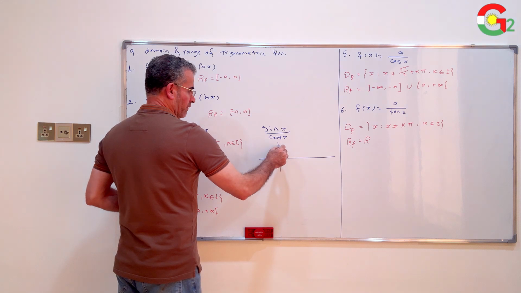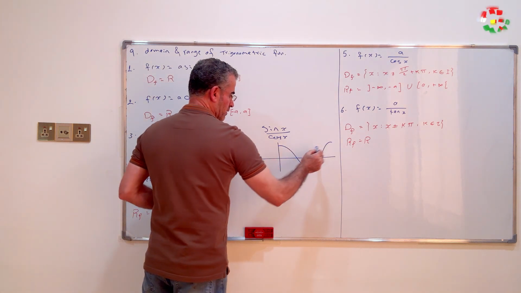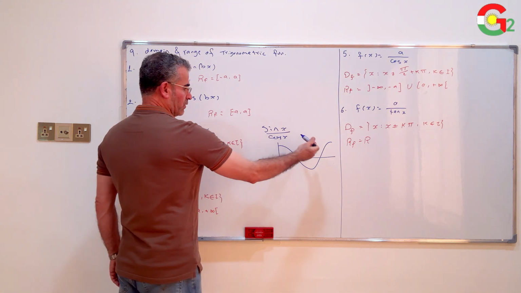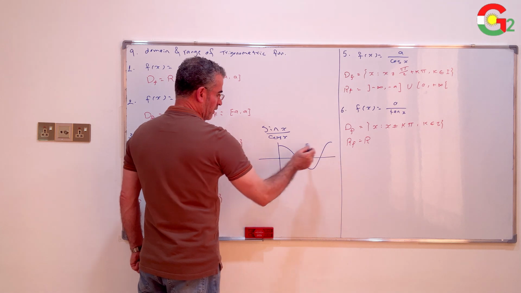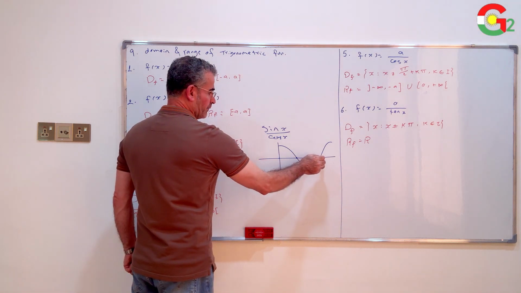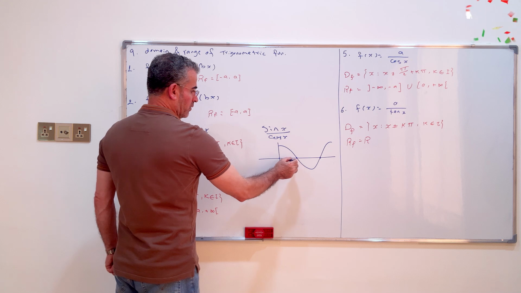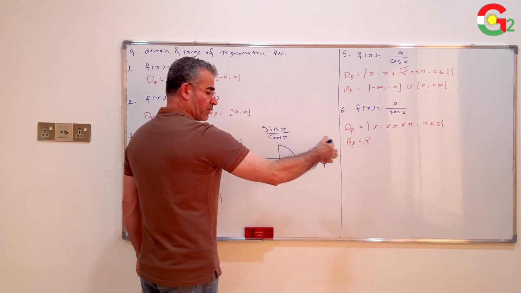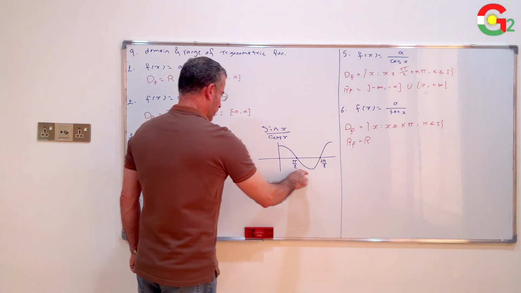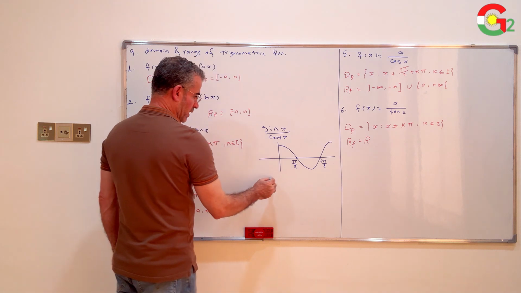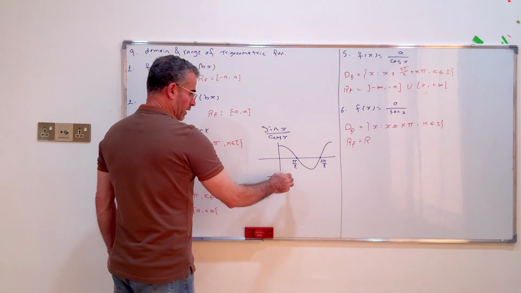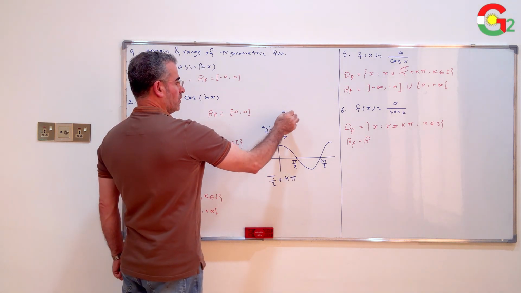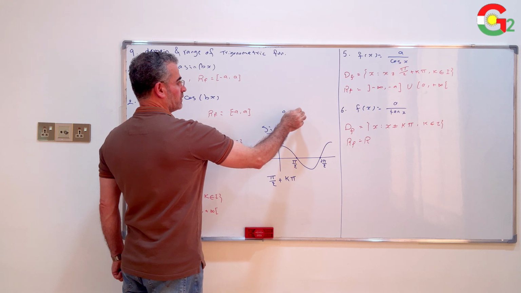As you know, the graph of the cosine goes from negative infinity to infinity, and it is a periodic function. The points that make cosine 0 are pi over 2, 3 pi over 2, 5 pi over 2, and so on. If I want to make a formula for these points, I'll set pi over 2 plus k pi, where k is an integer from 0 to infinity.